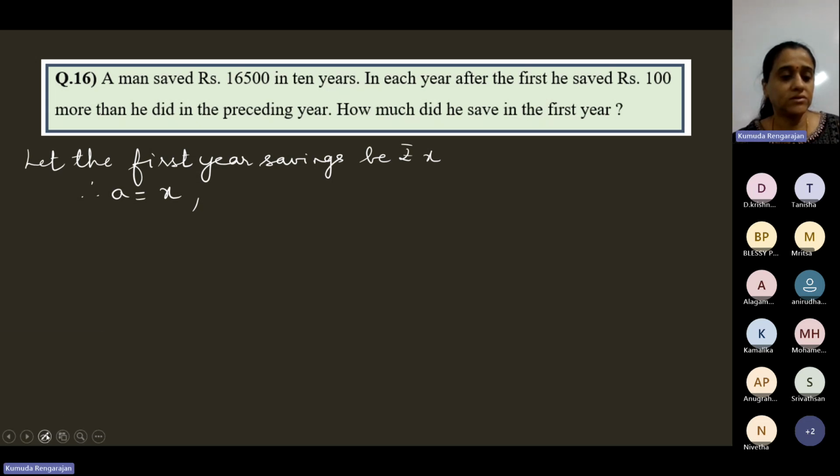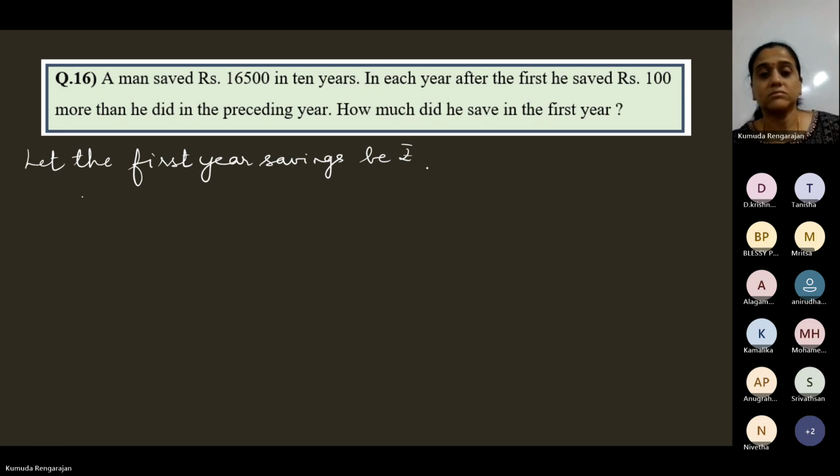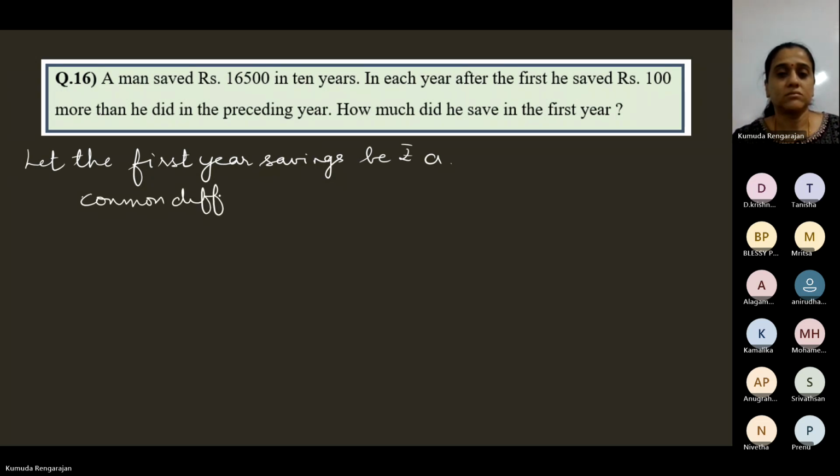Or we can take it as a. Now, in each year after the first, he saves 100 rupees more. So the common difference is 100. So what are the terms of the AP then? A, a plus 100, a plus 200. Okay, you don't have to write that also.